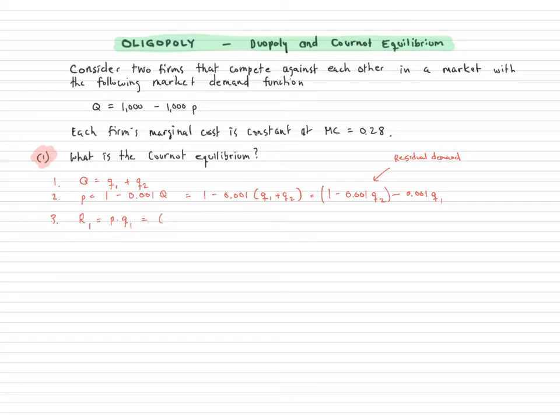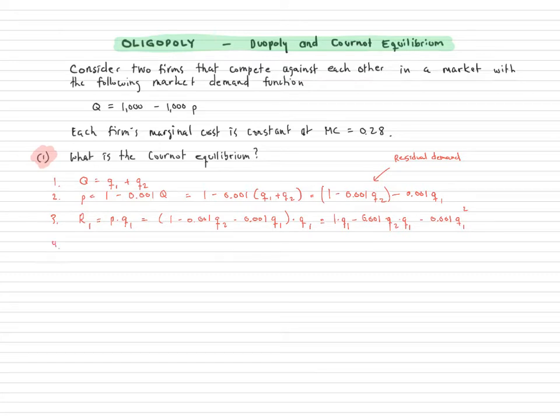And we now know that the price is equal to this expression, and then I'm going to multiply that by Q1. Let me be very careful here. So we have 1 times Q1 minus 0.001 times Q2 times Q1 minus 0.001 Q1 squared.